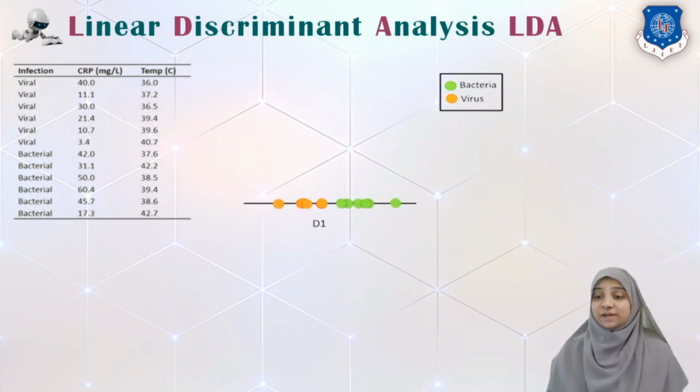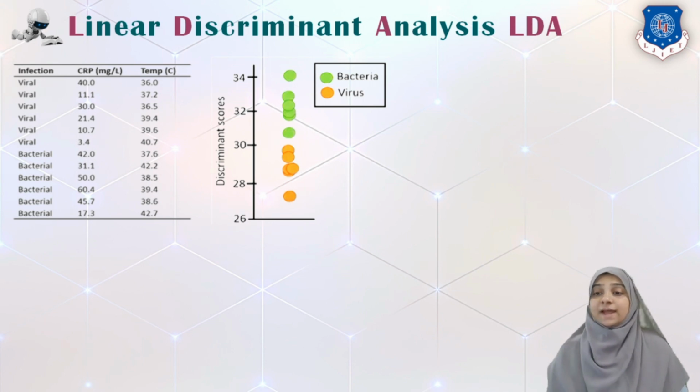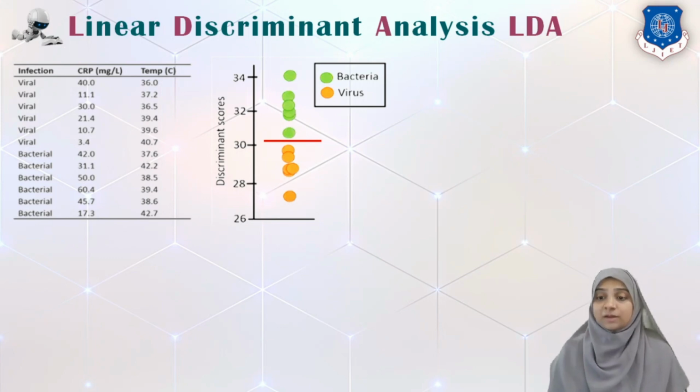As you can see, the difference between this figure and the previous figure is just a rotation of the axis by 180 degrees. Now I will represent this axis as the discriminant score. This discriminant score gives a value for dimension 1, and how it is calculated is with the help of a formula that we will discuss later on.